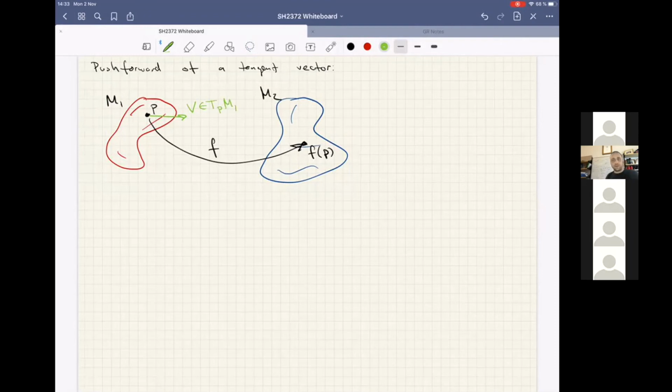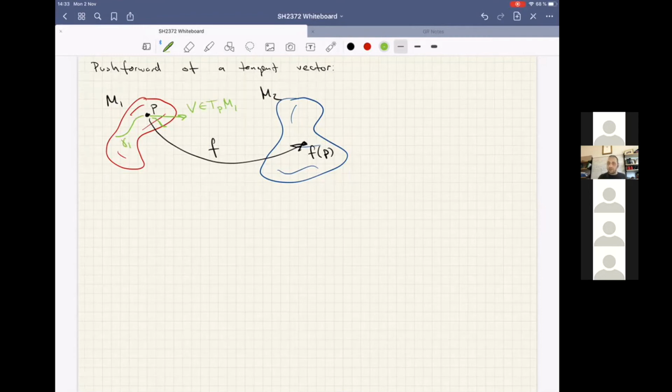Now, as a tangent vector, it could be the tangent vector of a curve. So there's going to exist some curve in M1 that has this vector V as its tangent vector. Let me call this curve gamma 1.